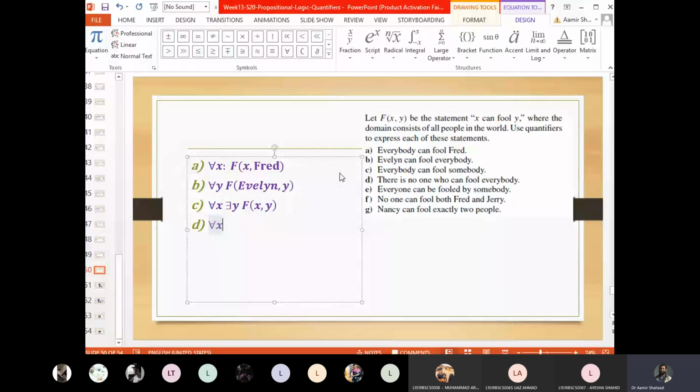So for all x, who can fool everybody? So for all y, we cannot fool everybody. So F of x, y. It will be something like this.